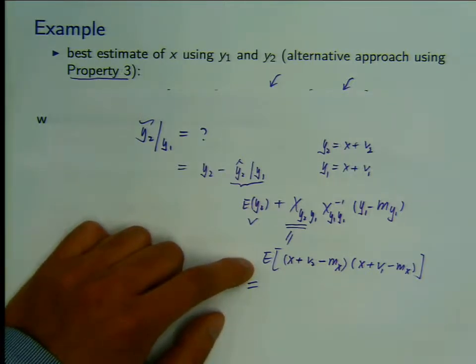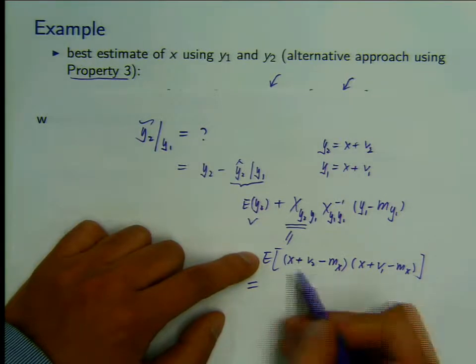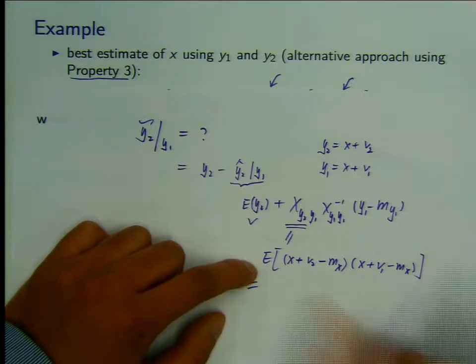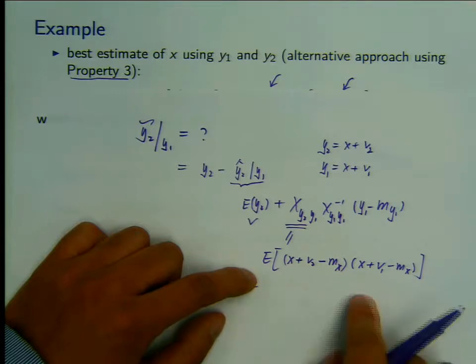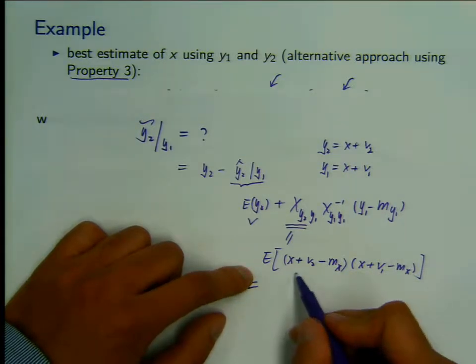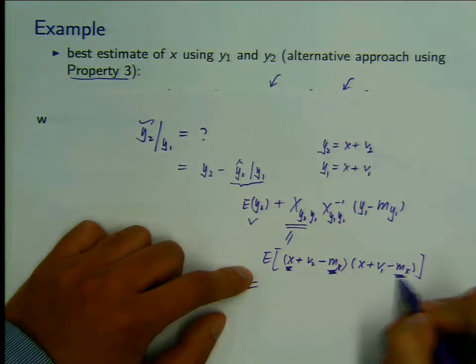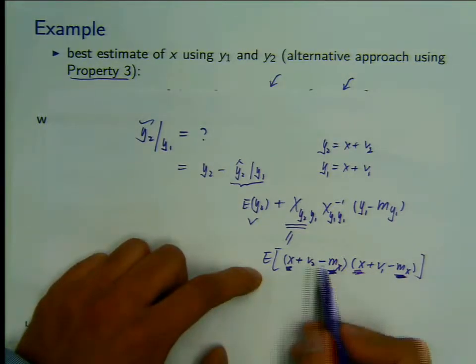It's again using the trick we discussed earlier. I just want to use information of x. Exactly. So it's x minus mx, just a shift.